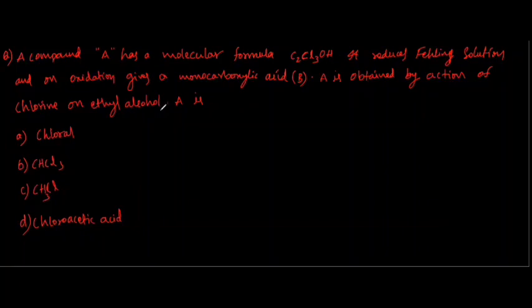From the given data, C2Cl3OH reduces Fehling's solution to form a cuprous oxide precipitate.